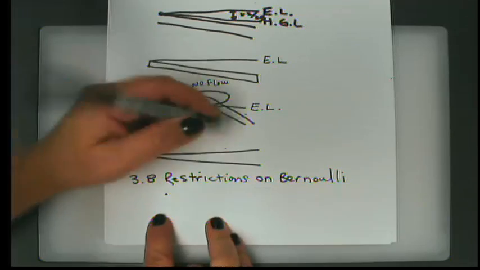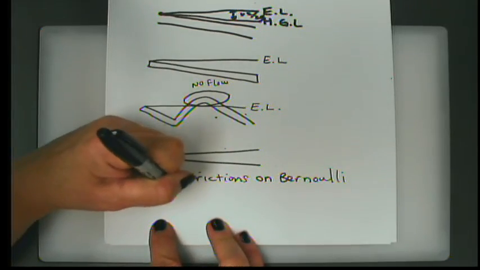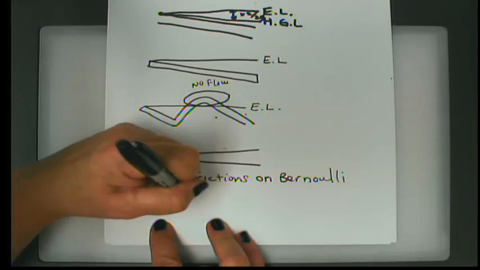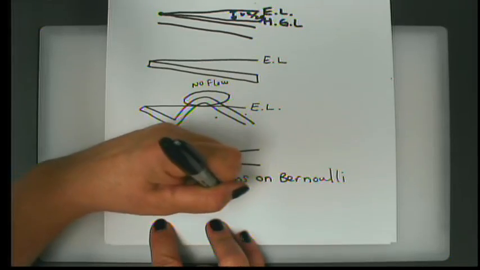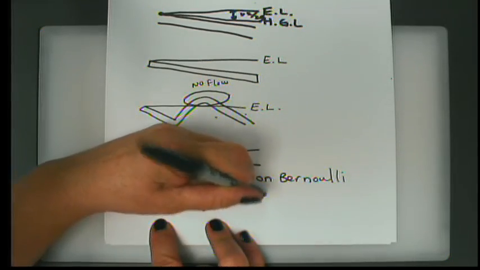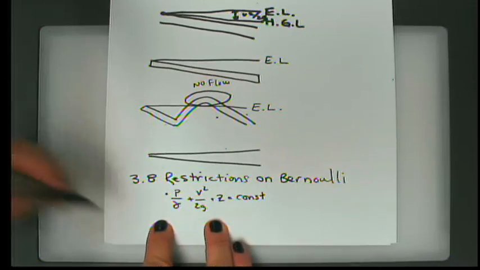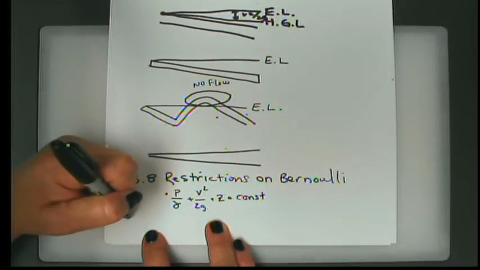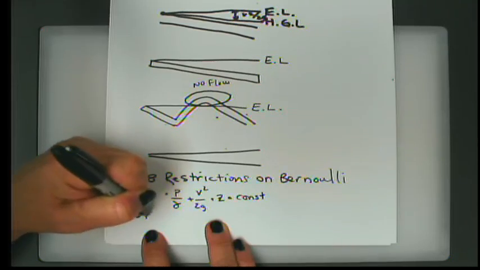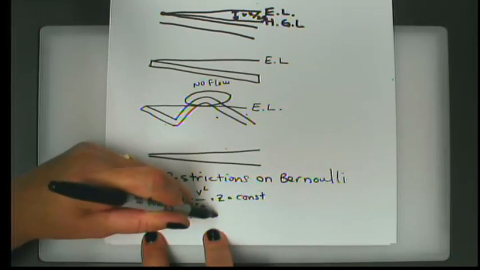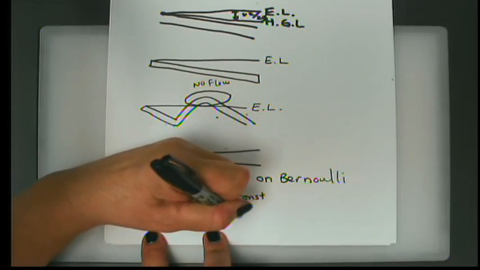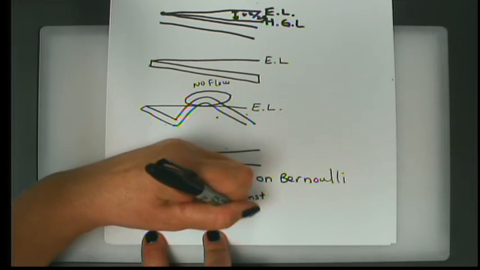However, in its basic form, P over gamma plus V squared over 2g plus Z equals a constant, or equals the total head, there are many, many restrictions. First of all, we are only talking about incompressible flow. We are also talking about inviscid flow.